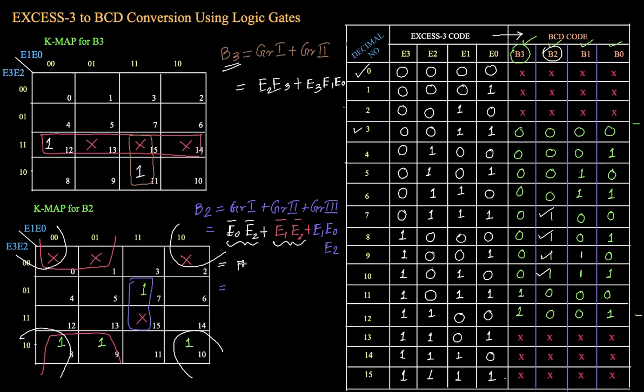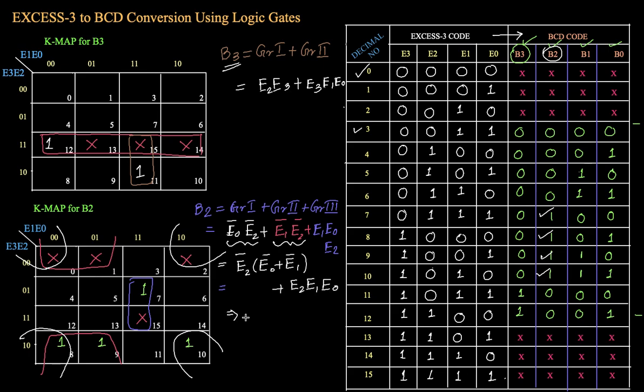If we take E2 bar common, then these become E0 bar plus E1 bar, plus E2 times E1 E0 as it is.